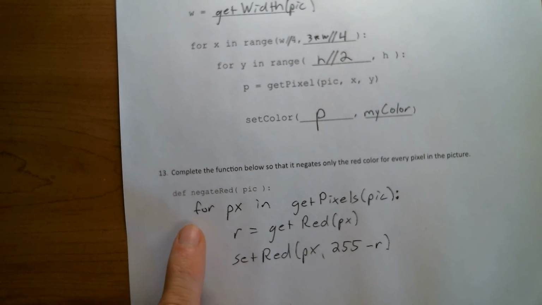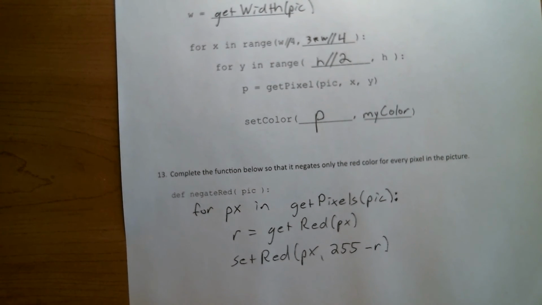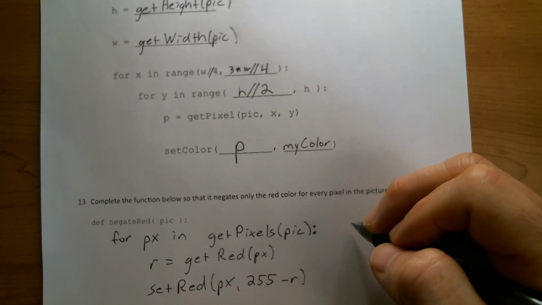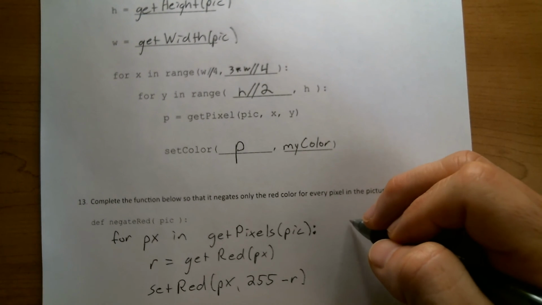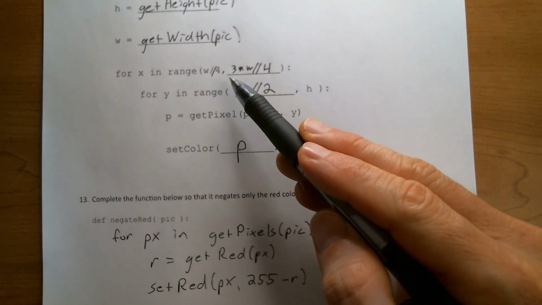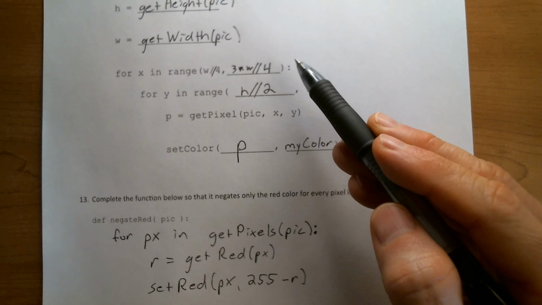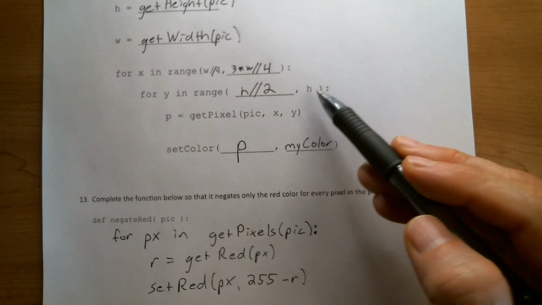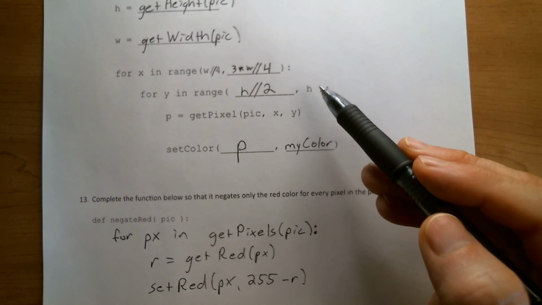Now, you don't have to use this loop. This is the easiest way to do it. You could also do something like for x in range 0 to get width of pick, and for y in range from 0 to get height of pick.